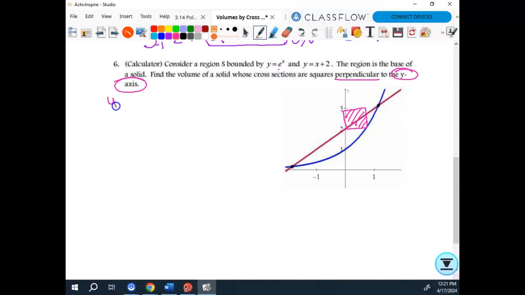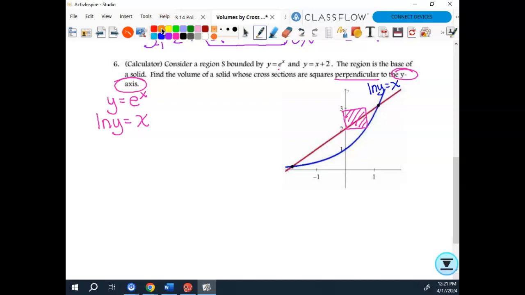So if I have y equals e to the x, what do I do to both sides to solve for x? Natural log. So the natural log of y is going to equal x. We agree with that? Okay. So the blue one, because clearly the red one's the line, is natural log of y equals x.